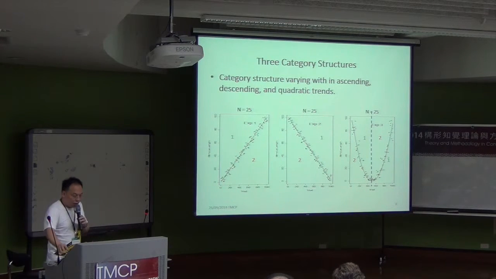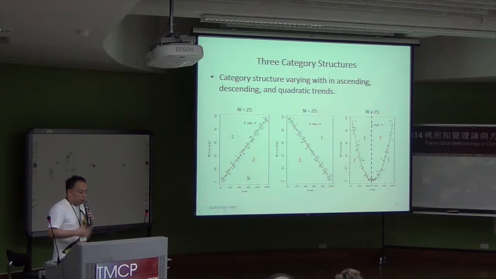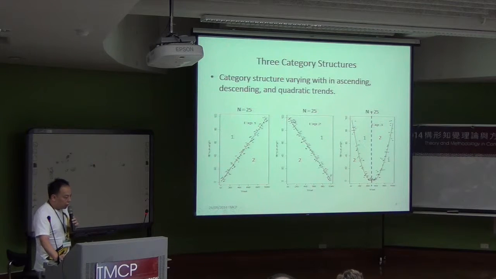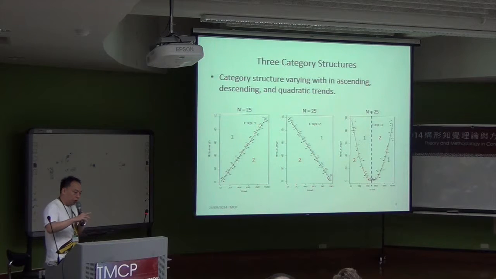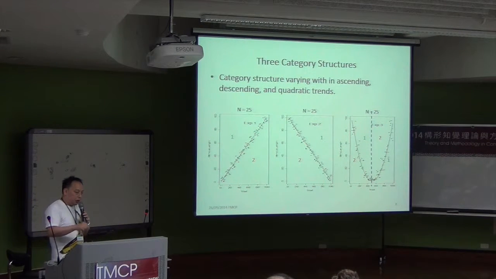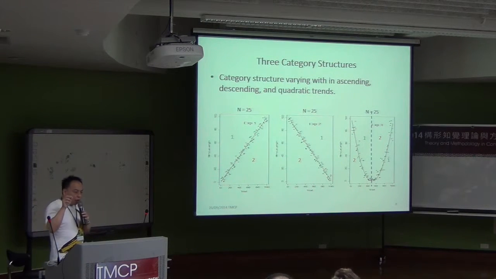Okay, the first experiment uses this category structure, which is the step one I just introduced. And in the second one, we maintain the relationship between category 1 and 2 the same as experiment 1. However, the moving trend is now going down, so subjects will see the stimulus length gradually becoming smaller.